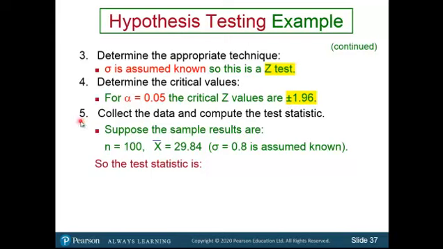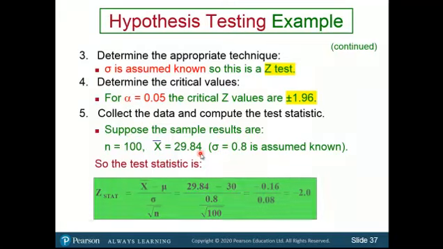And then step number 5, we collect data and compute the test statistic. Suppose the sample results are x bar, the sample mean, equal to 29.84, sample size equal to 100. So the test statistic will be x bar minus mu divided by standard deviation of the population divided by square root of n.